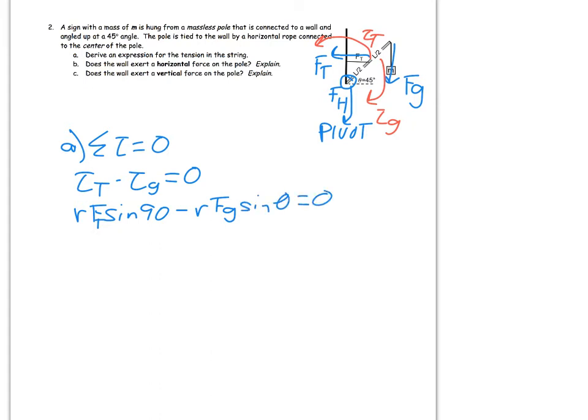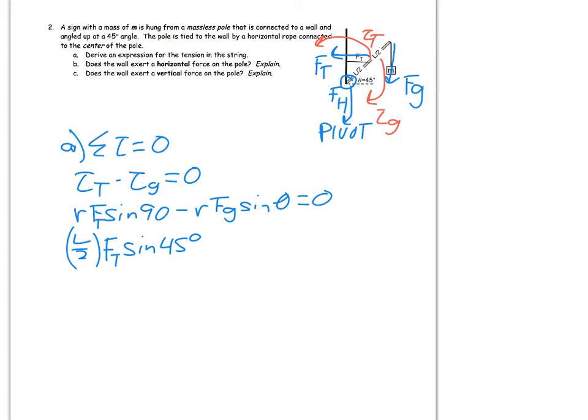When we solve for this, the radius for that force of tension, it acts in the middle of the pole, so it's just going to be L over 2. The force of tension is what we're looking for, and the angle there is going to be 45 degrees. If this angle here is 45, so is that one, because they're alternate interior angles.